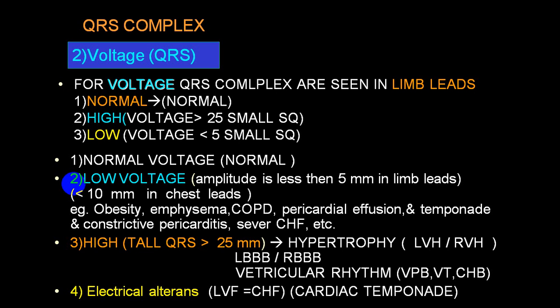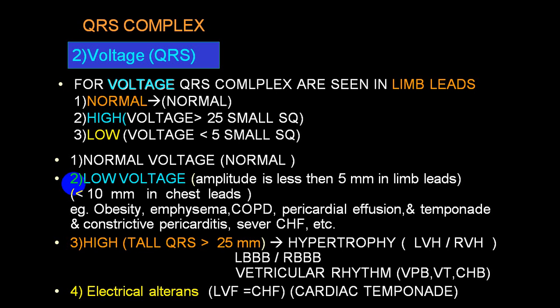High voltage we usually look for in the chest leads, and if the QRS complex is tall, more than 25 millimeter or even 30 millimeter, we call that high voltage. High voltage you will see classically in hypertrophy of the myocardium, in left ventricular hypertrophy and right ventricular hypertrophy.